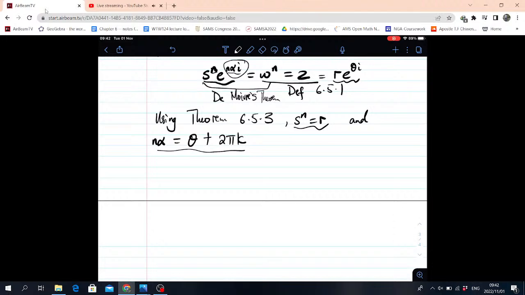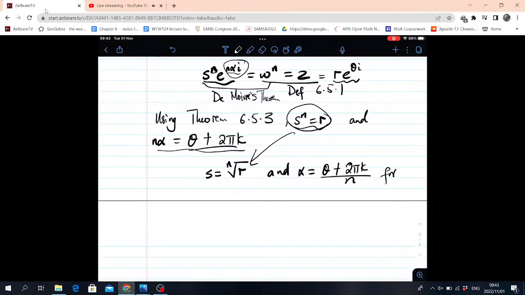So what it means is s has to be equal to the, sorry, not the cube root, but the nth root of r. And so we are just using this to get that. And then here we can then say alpha is equal to theta plus 2 pi k all over n. And this is for some integer k.